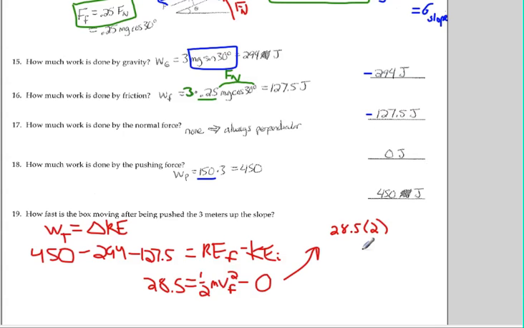So let's see. Square root of 28.5 times 2, and that should be divided by our mass. So what was our mass? 20 kilograms. So divided by the mass, and square rooted.